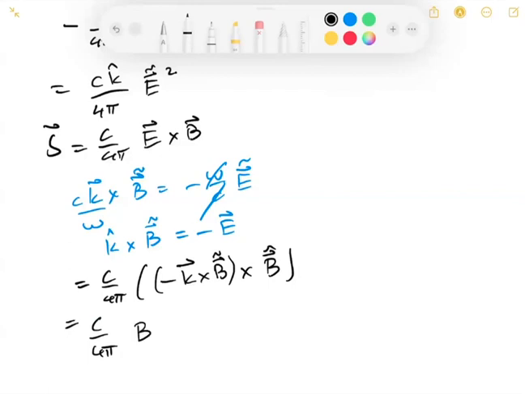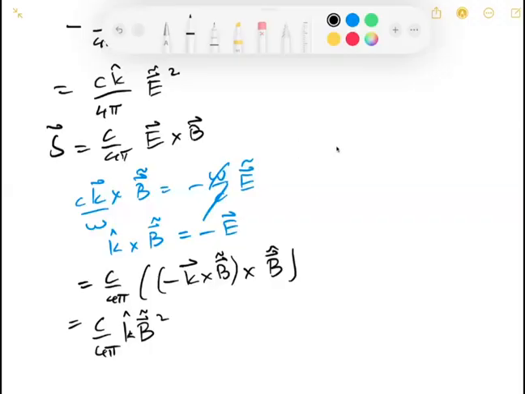And we could do the same thing as we did before, and we'll find this times k vector. Here's another one of those triple product rules.